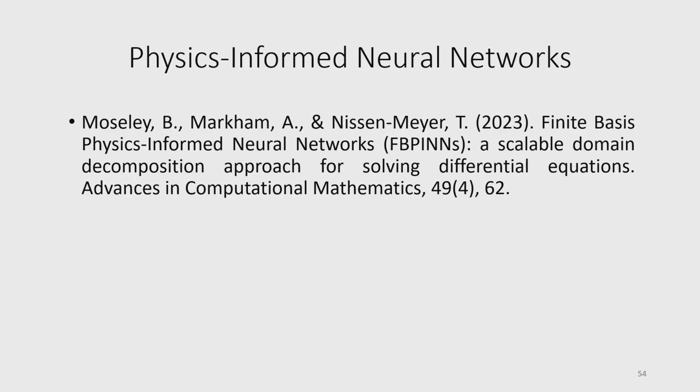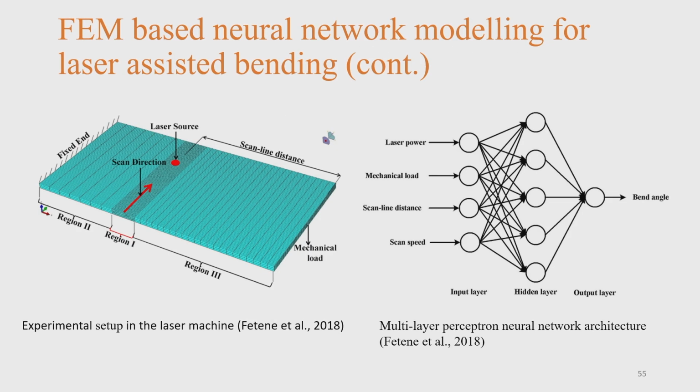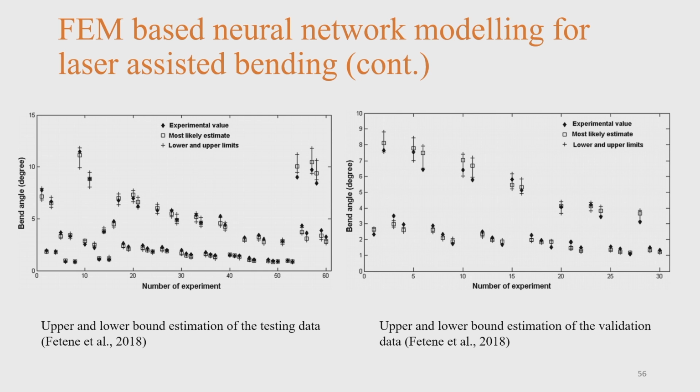Nowadays, we are talking about physics informed neural networks to make it more efficient. There are some papers that you can see on physics informed neural networks, but I am not going to discuss much. In the FEM based neural network modeling for laser assisted bending, we not only predicted one value of, say, the bend angle, but we also predicted the range, that is the most likely estimate, high estimate and low estimate of the process.